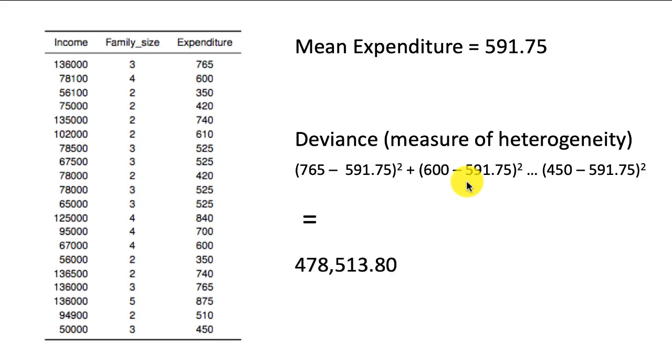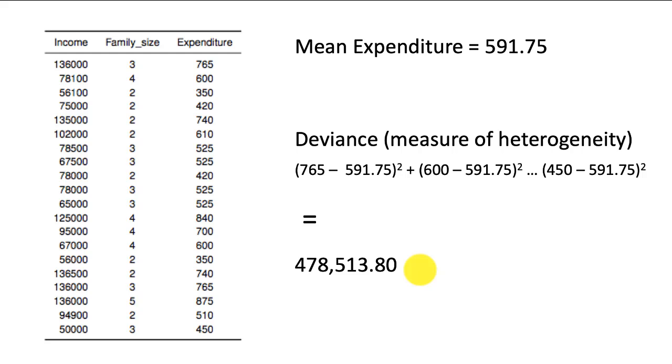Okay, so if you go through that entire process, I've got all the cases covered here, you find that the total deviance is 478,513.8. Okay, so that's the total deviance.